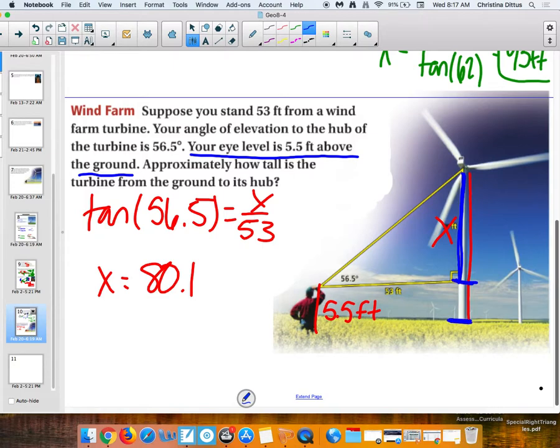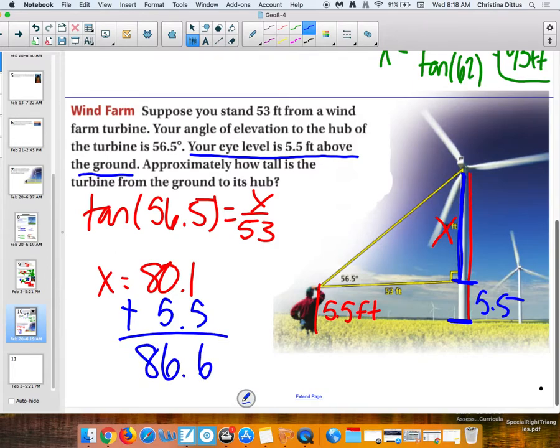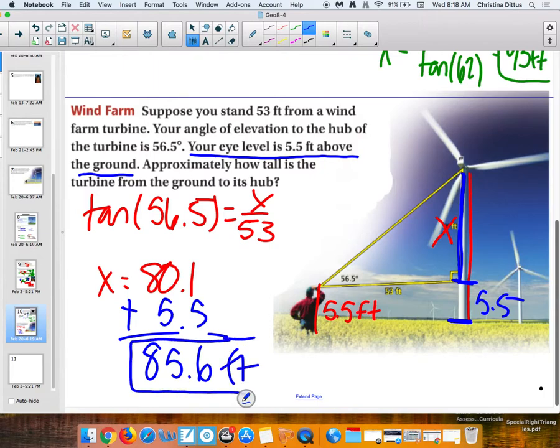You just add 5.5. Take this 80.1 and add 5.5 and we get 85.6. Okay, how do we feel? Decent? Questions?